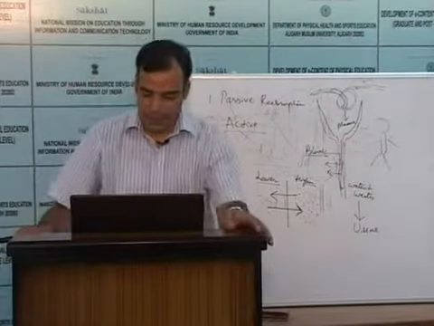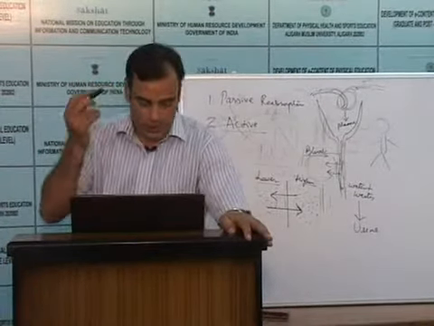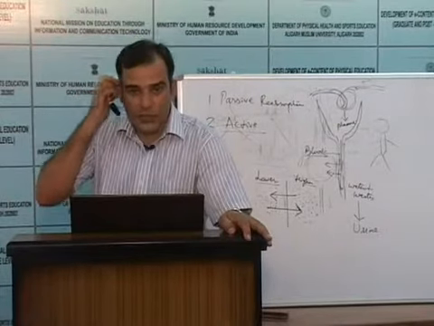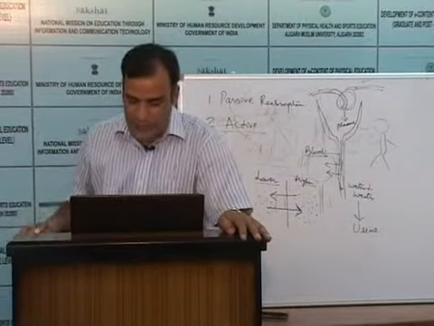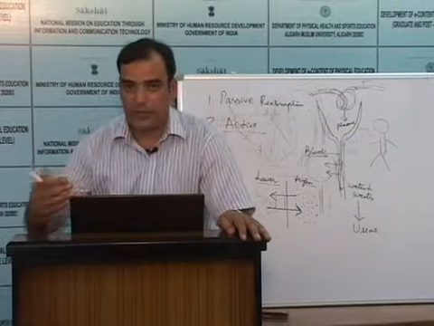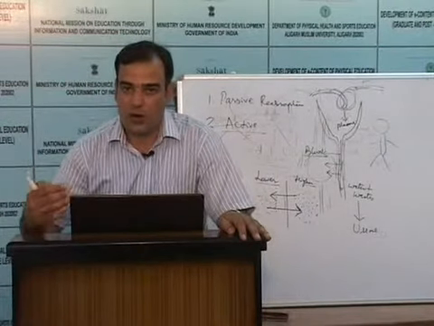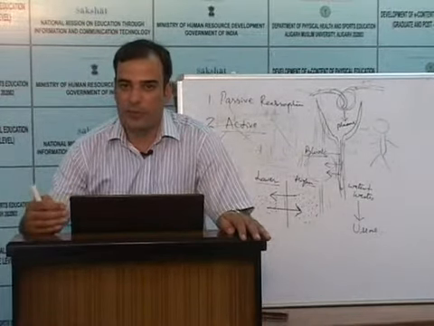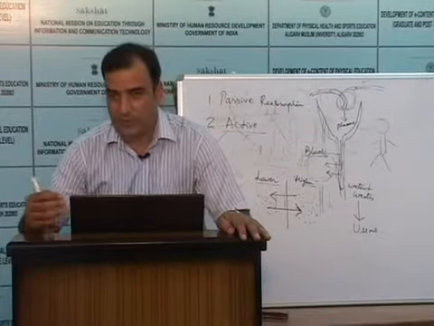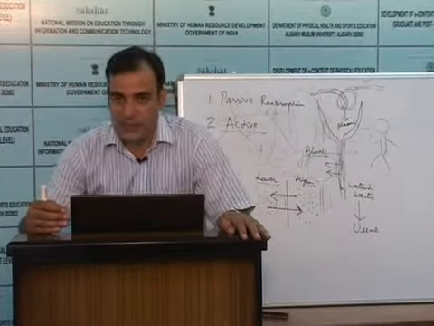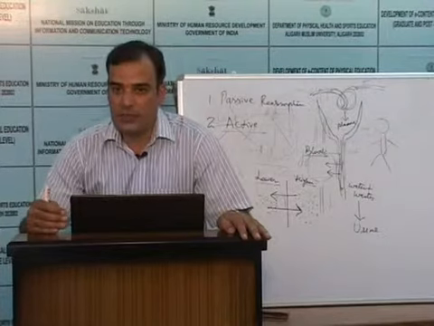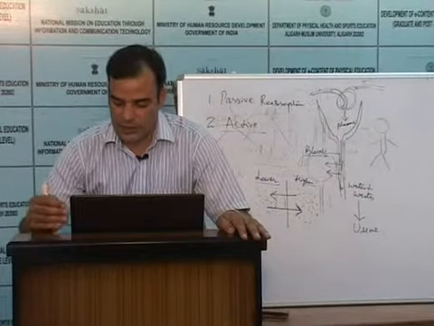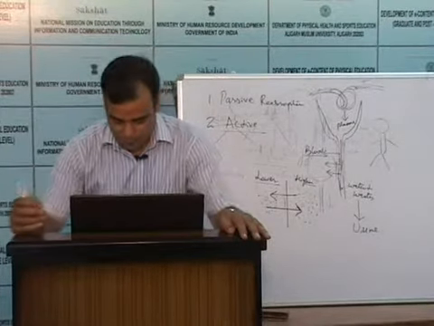convoluted tubule. Now let us take two important substances, water and sodium. Sodium is reabsorbed from all portions of the tubular part of the nephron: from the PCT, from the loop of Henle, and from the distal convoluted tubule.